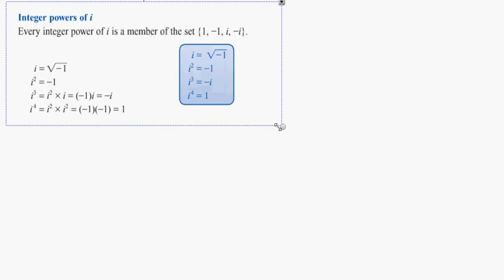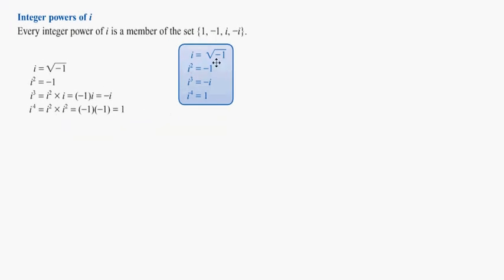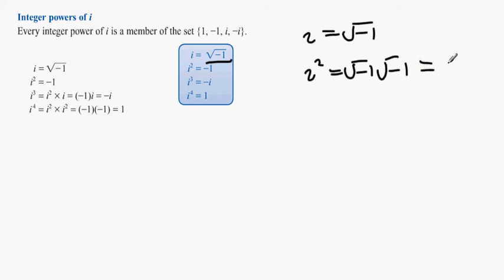The first thing to remember is that i equals the square root of minus 1. Therefore i squared equals root minus 1 by root minus 1, which equals minus 1. Next one, i cubed. If you remember the rules of indices, let's say a squared multiplied by a cubed is a to the power 5.